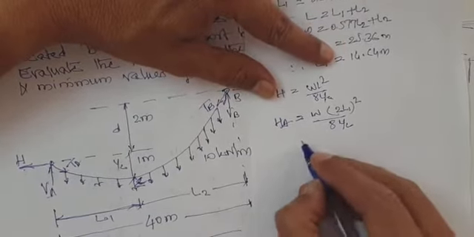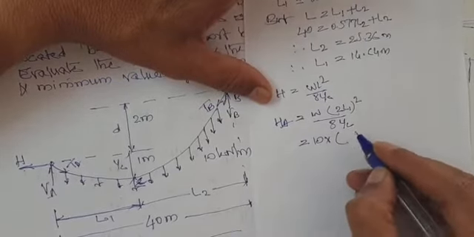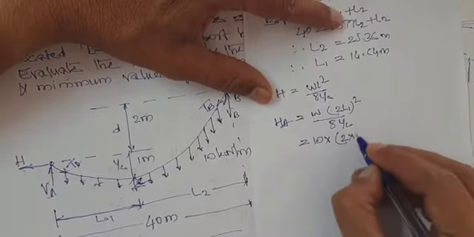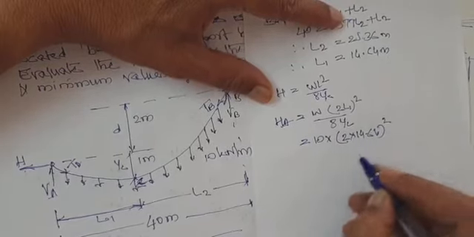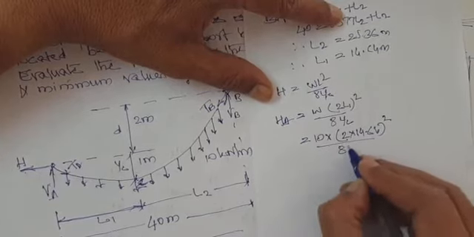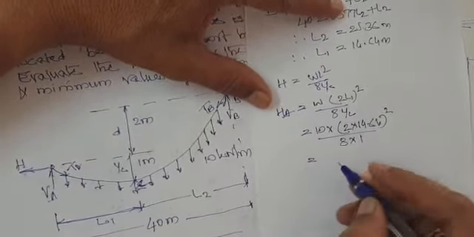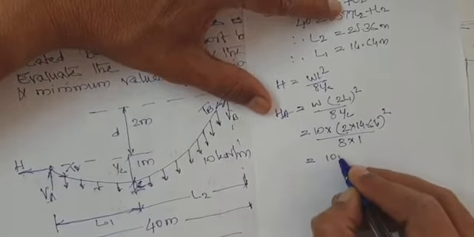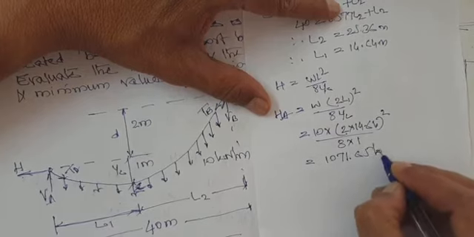Now if you simplify this, W is given 10 kN per meter, 2L1 that is 2 into 14.64 square divided by 8 into YC is 1 meter. So if you simplify this, you will get 1071.65 kilonewton.